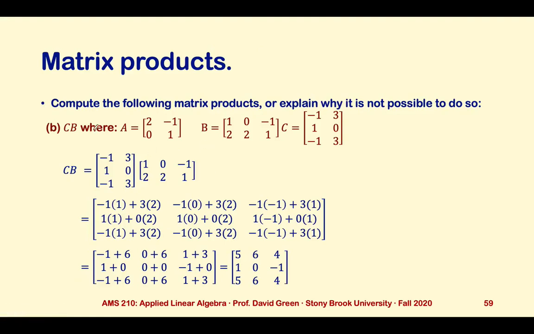In this example, we have a second problem. We have another matrix product, C times B. We do a quick check to make sure that it is allowed.